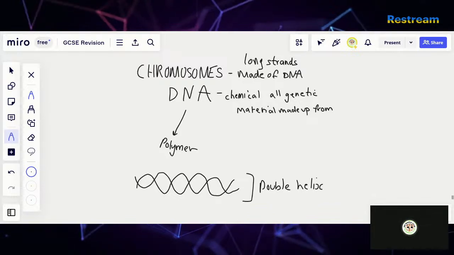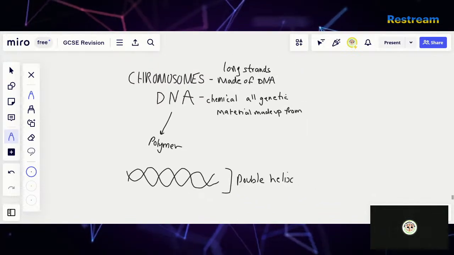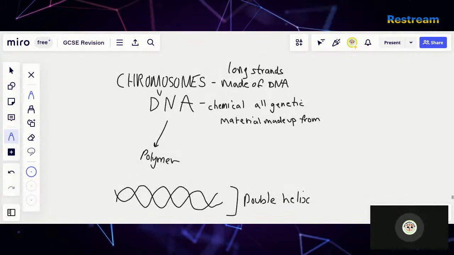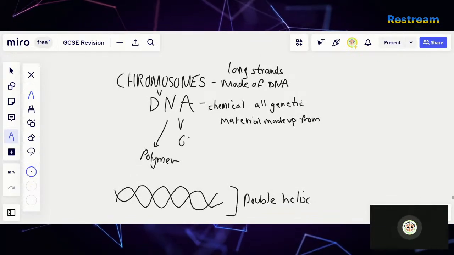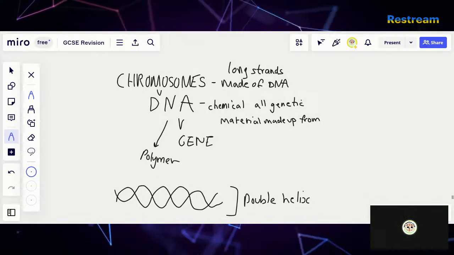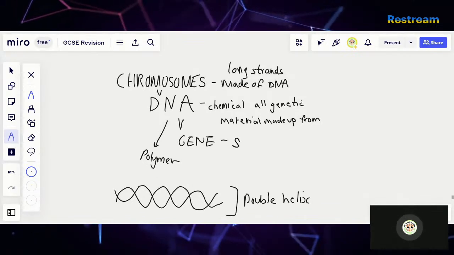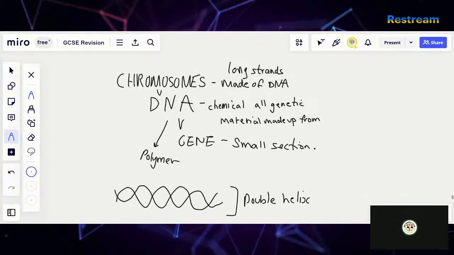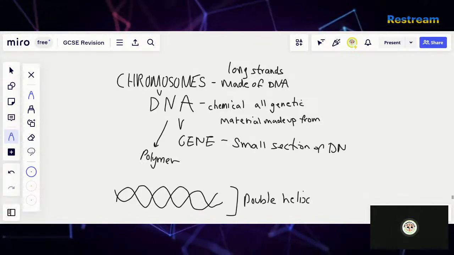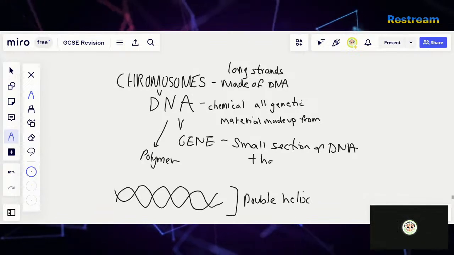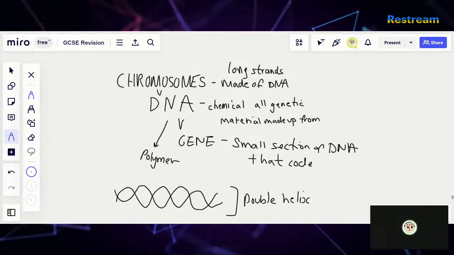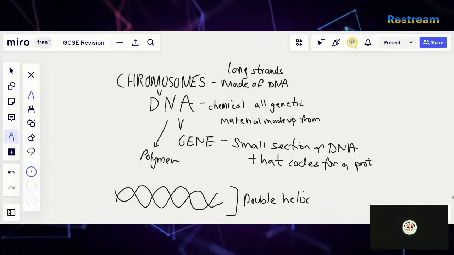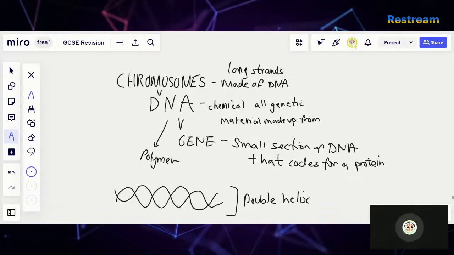Okay. Now, a gene is a small section of DNA. So DNA is made from chromosomes and genes is made from DNA. So let's look at it that way. So a gene is a small section of DNA that codes for a protein, or that codes for a particular characteristic.